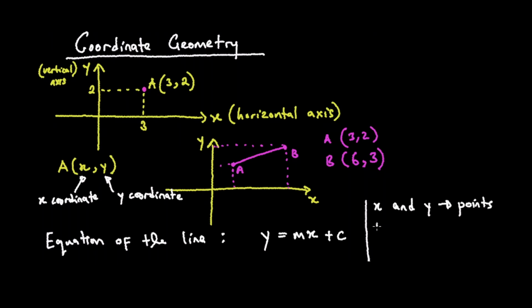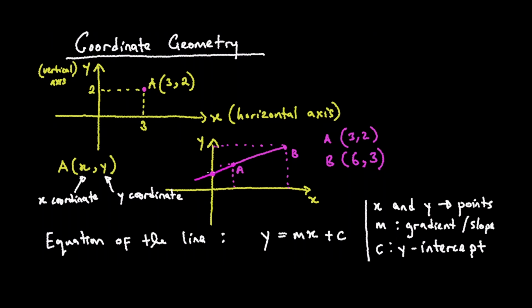Then m represents what is referred to as a gradient. Mathematical literature sometimes calls this a slope. And I'm going to discuss what it is. Then c represents what we refer to as a y-intercept. That is what c is. So let's start with c because it's easier. When we say y-intercept we are saying this is the point where our line crosses the y-axis.